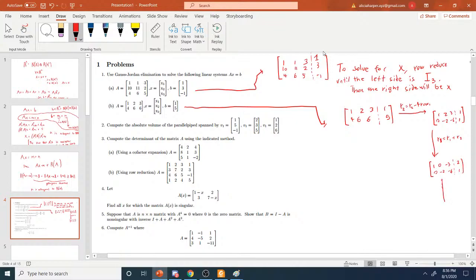And then finally I set row 2 equal to -1/2 row 2. If I do that, I get 1, 0, -3. This stays 2. This becomes -1/2. And then I have 0, 1, and 3.